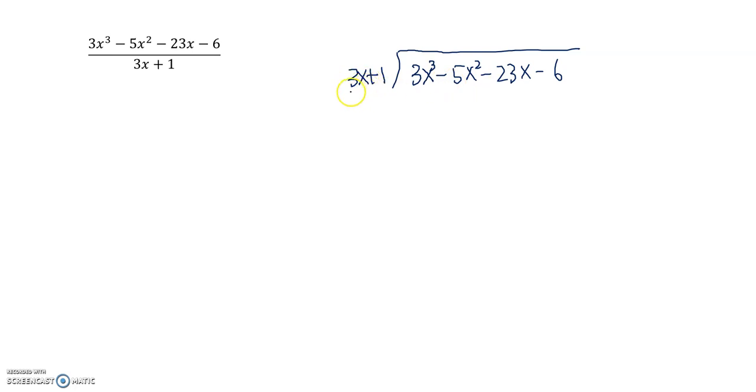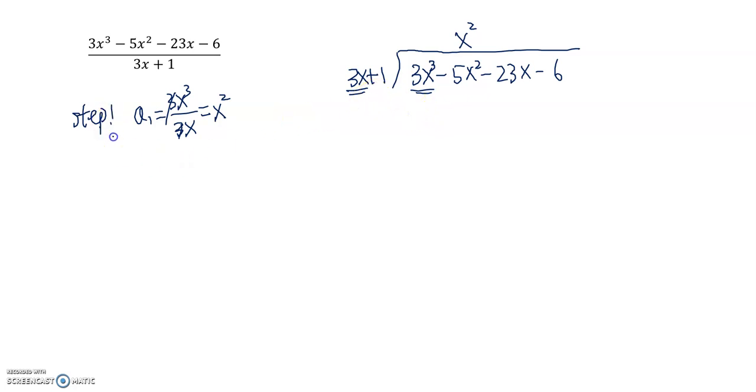Now we can check the first two terms and try to divide them to figure out what the quotient is. So the first step, to find the quotient, is 3x cubed divided by 3x. 3 cancels 3, x cubed divided by x gives us x squared. So that will go on top of the line, as part of our quotient.